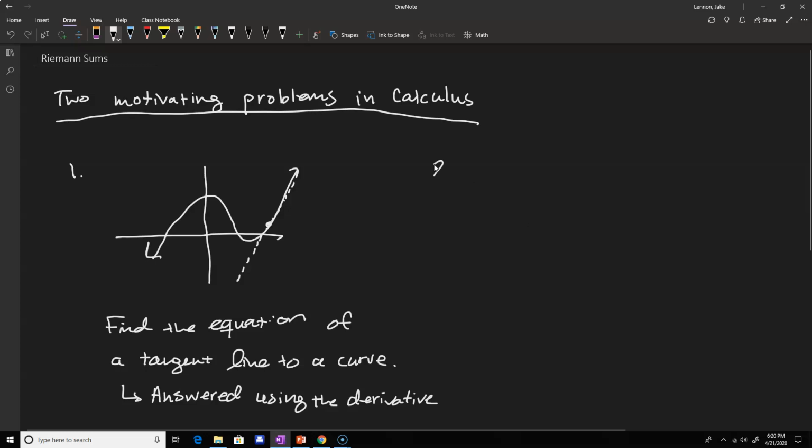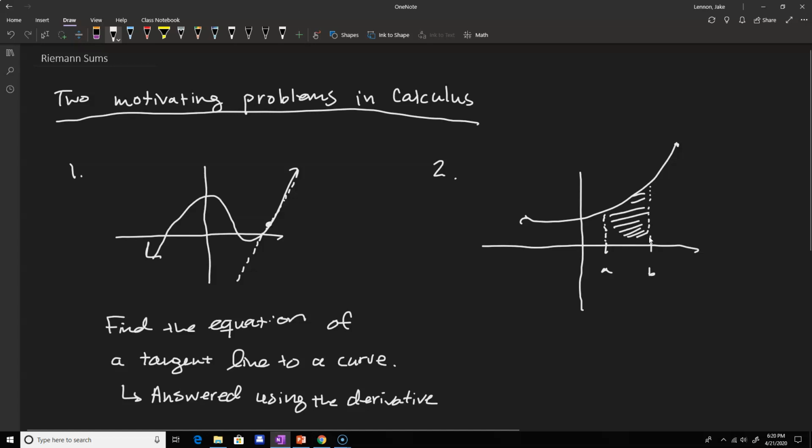The other question that we generally focus on in Calc 2, but we'll look at the numerical technique at the end of this course, is if I have some curve, what else might I care about? So I have some curve and maybe I have 2 points, A and B. I would like to know, can I find the area below that curve between these 2 points, A and B?